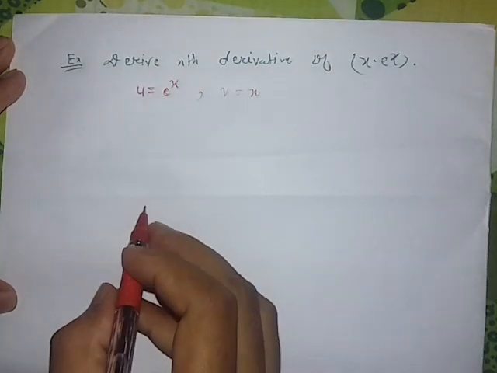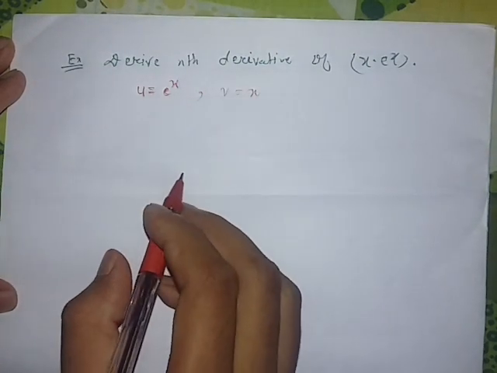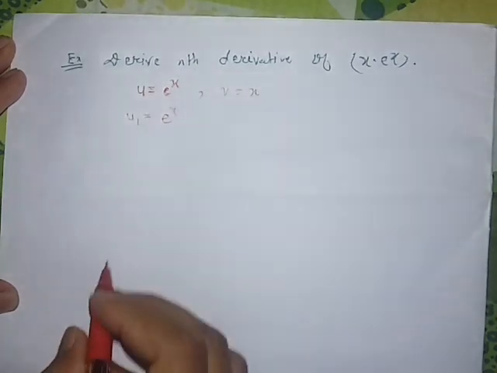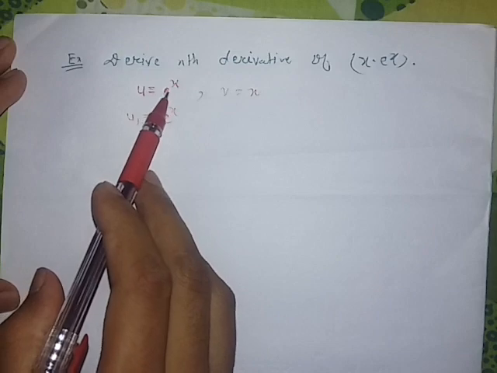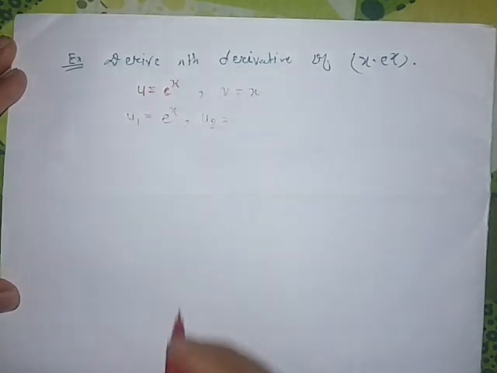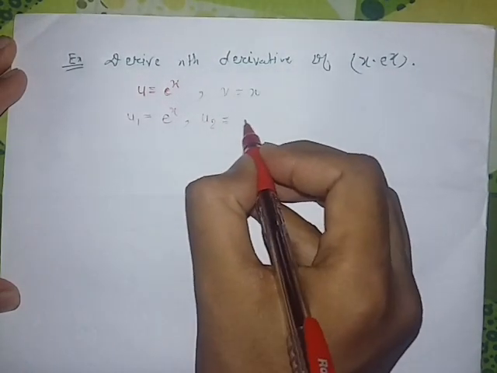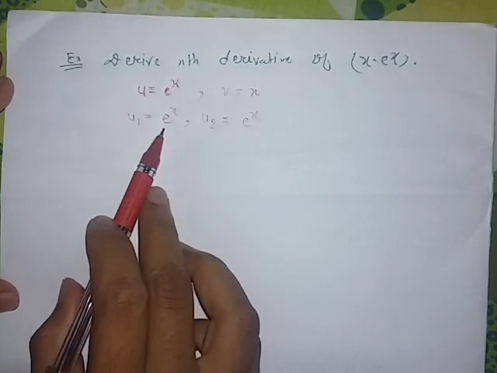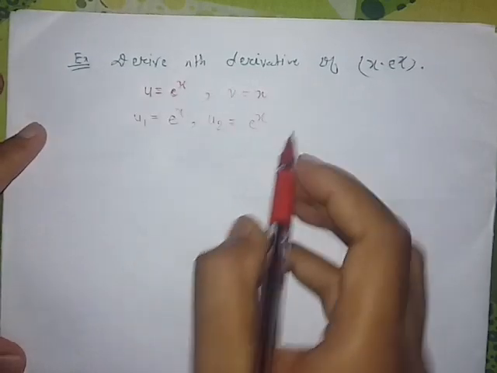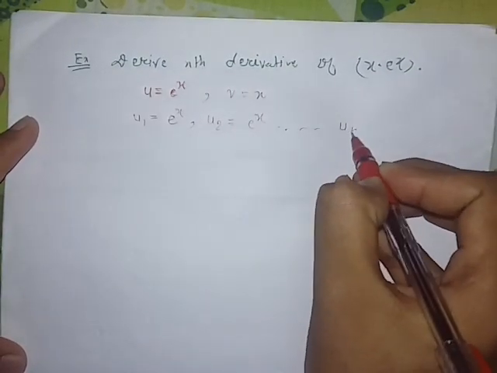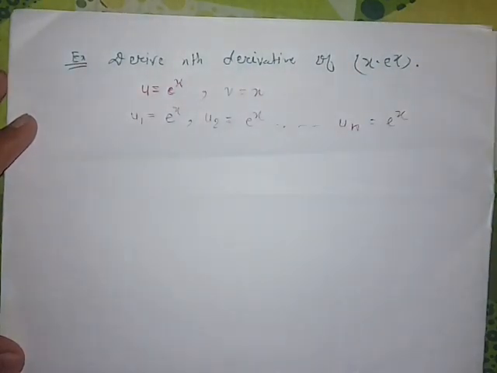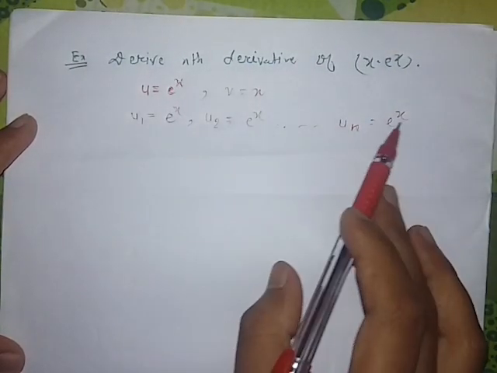Now we differentiate u and v both n times. So un will be equal to ex, because we know that the derivative of ex is ex. Similarly, u2 will also be equal to e to the power x. That means if we differentiate ex again, we will get ex again. Similarly, in the nth time we will obtain the derivative as this.